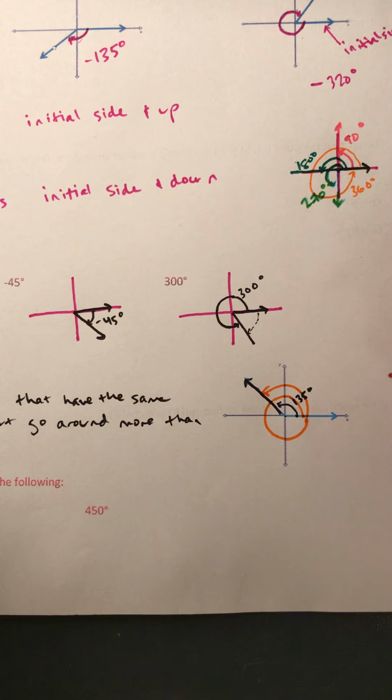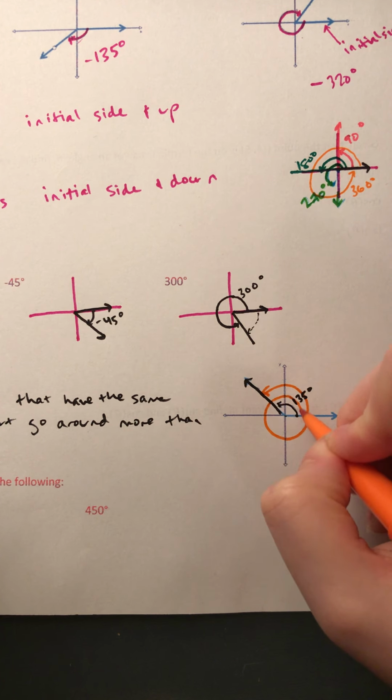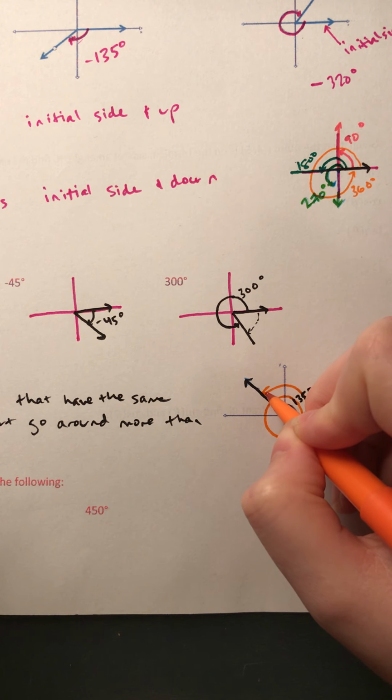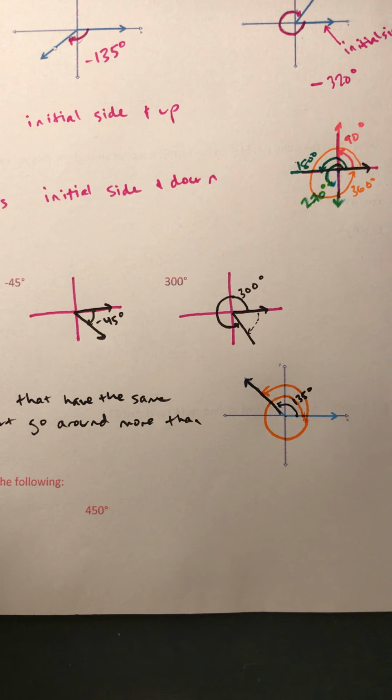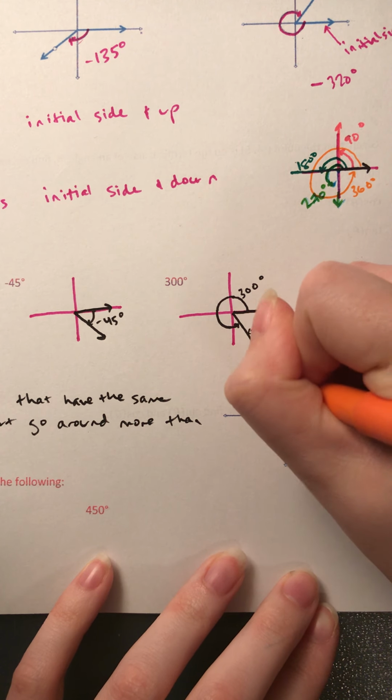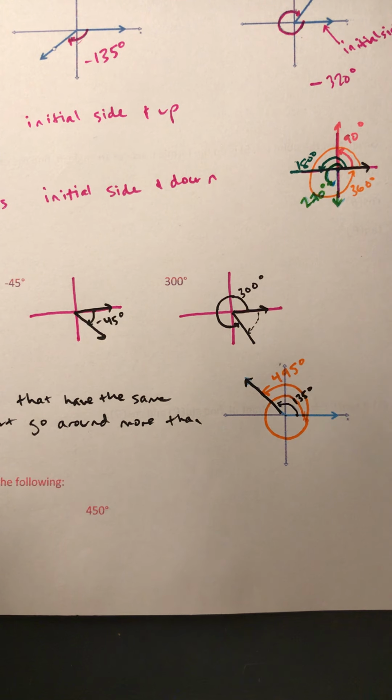So I went 360 degrees plus the 135. So 360 plus 135. I'm using my calculator because I don't want to be wrong. 495. So this whole angle would be 495 degrees.